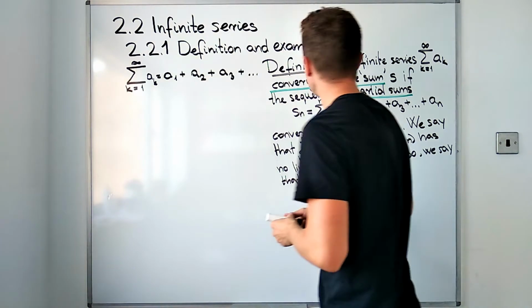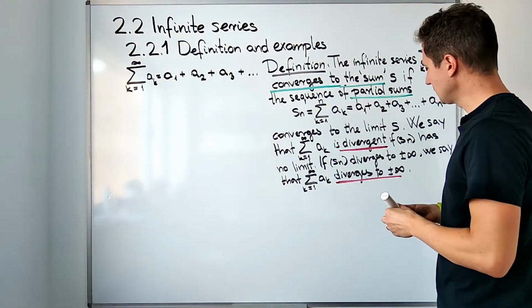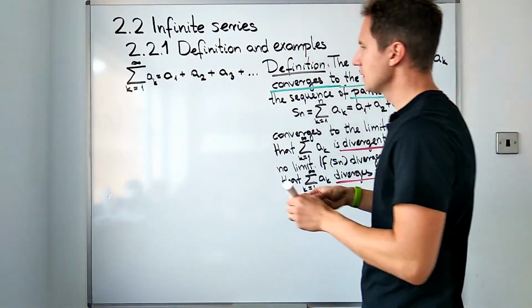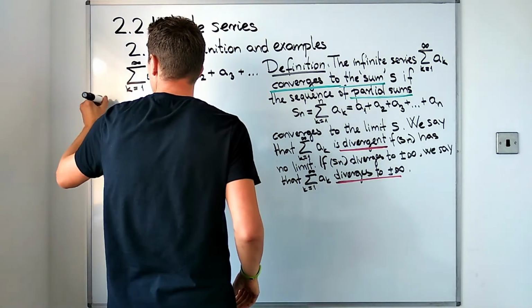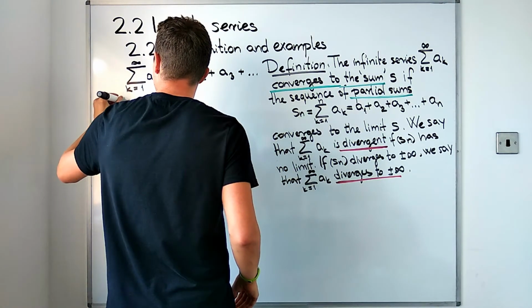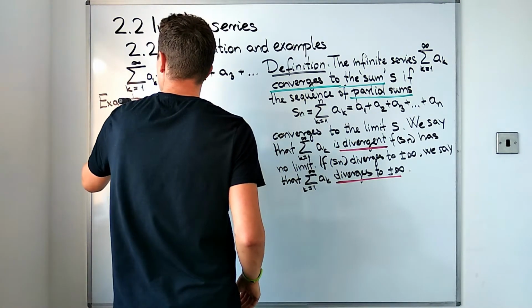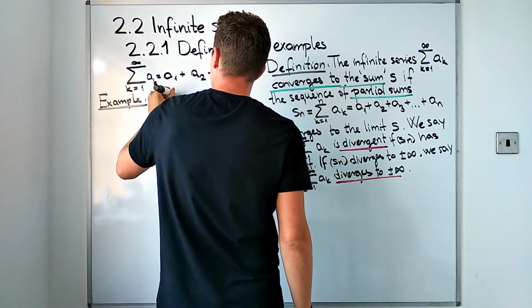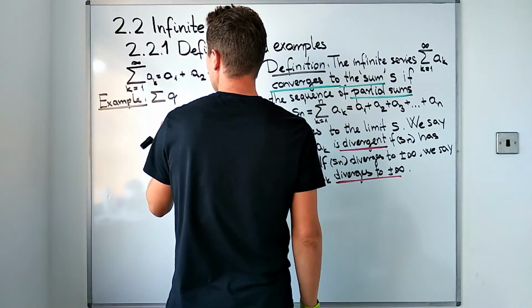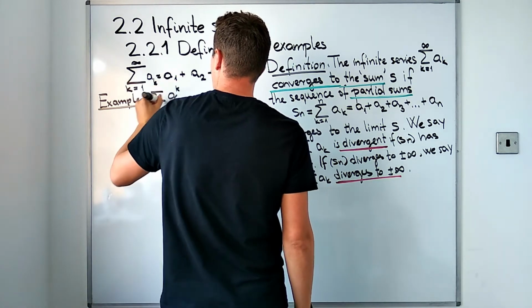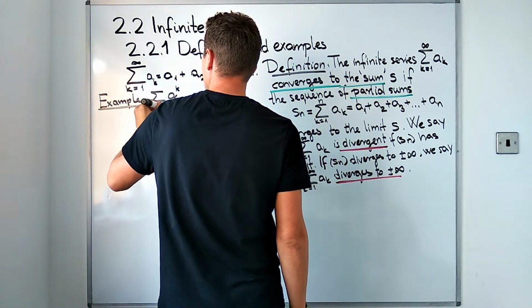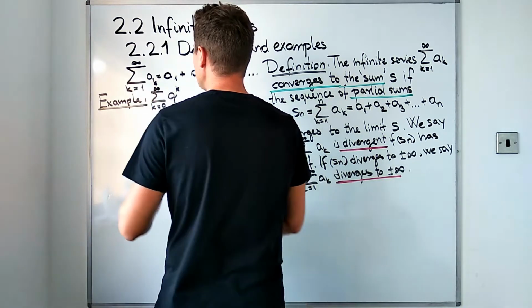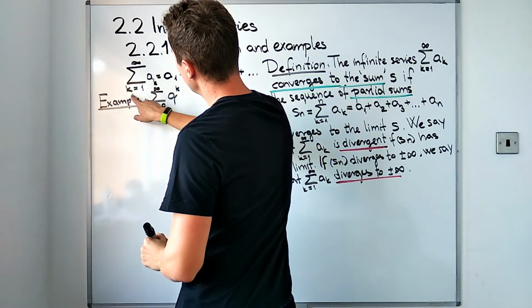Let me give you a few important examples of infinite series. So my first example is the following infinite series. We'll take a real number q and add its powers starting from the 0th power. So in this case, there is a different starting index.